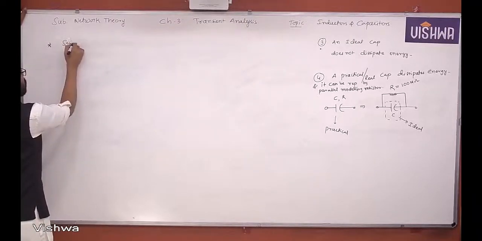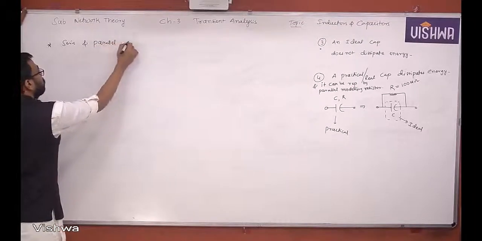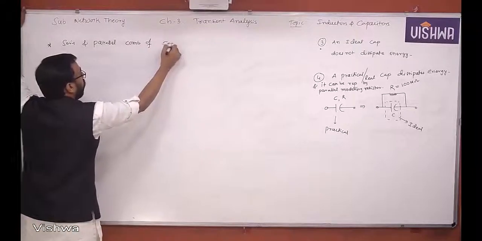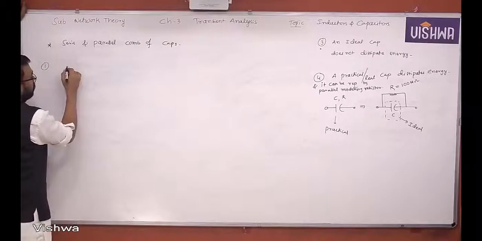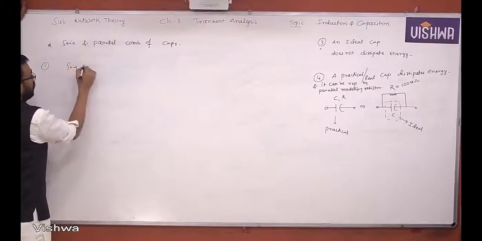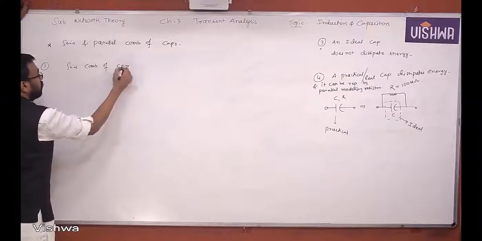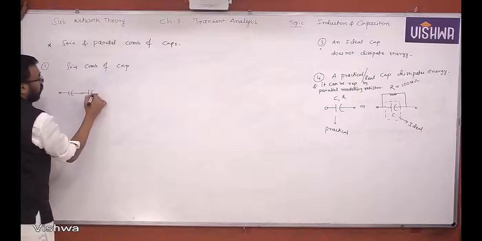Now, series and parallel combination of capacitors. Just write that down. First, let me start with series. Series combination of capacitors. C1 and C2 are connected in series.